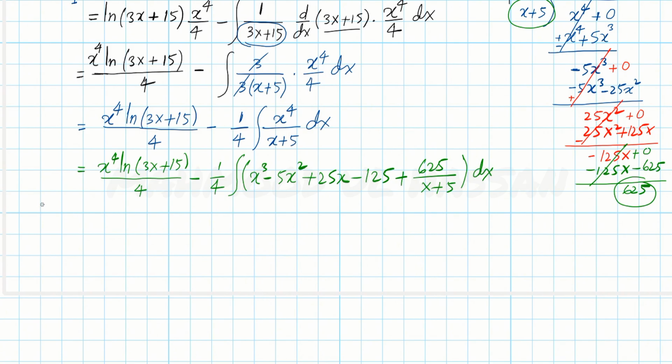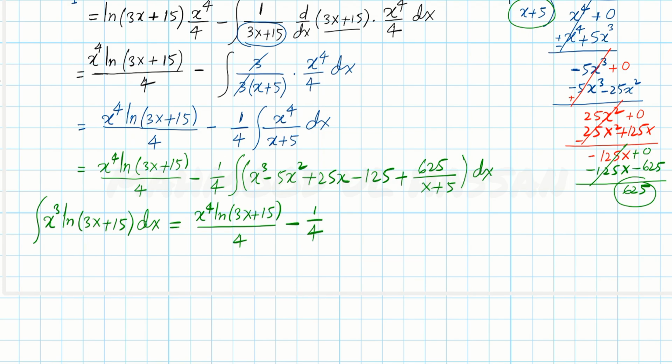So finally here the integral of x^3 natural log of 3x + 15 dx is equal to x^4 log of 3x + 15 divided by 4, minus 1 upon 4.